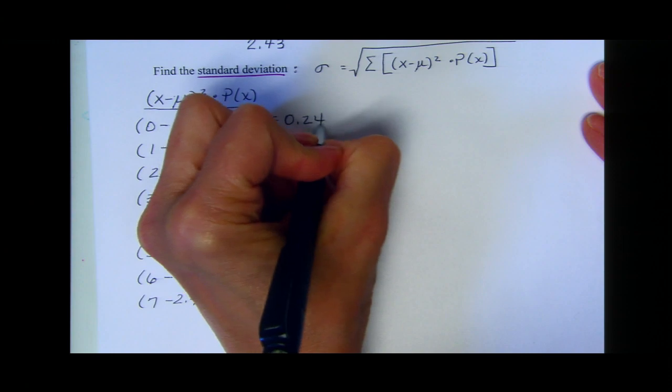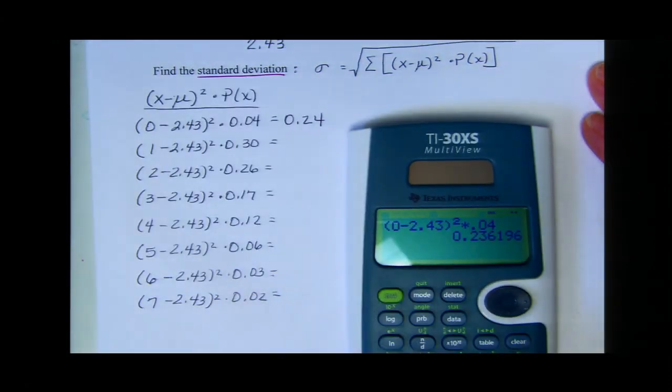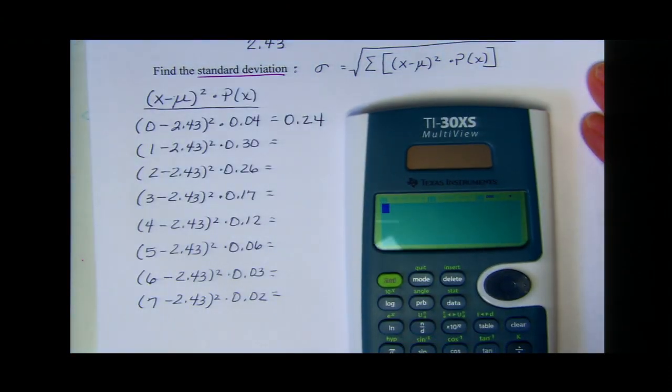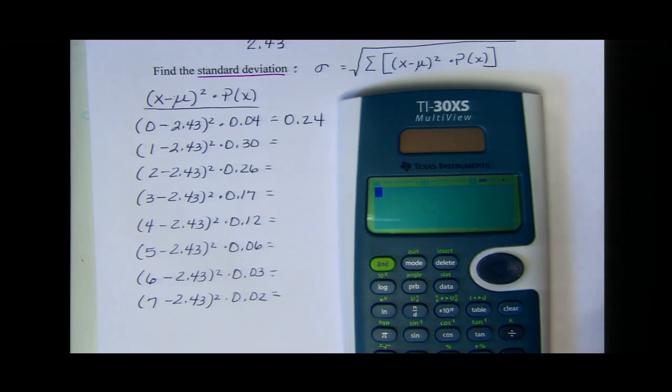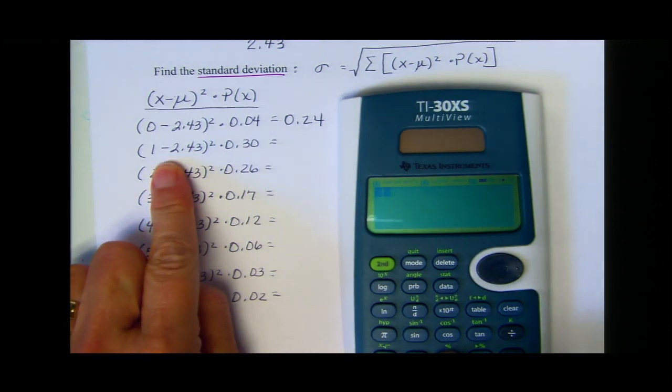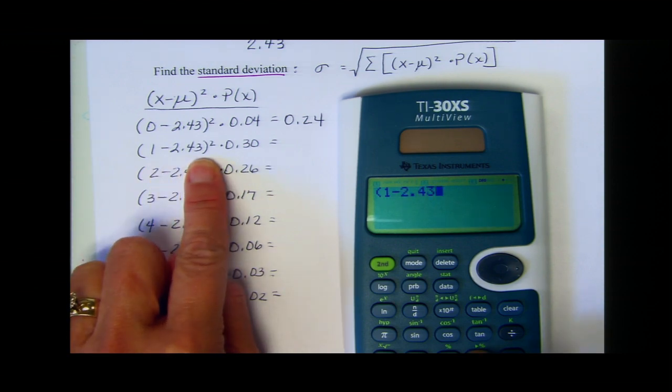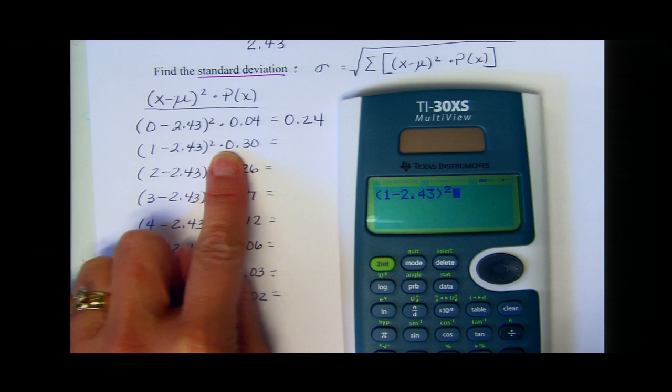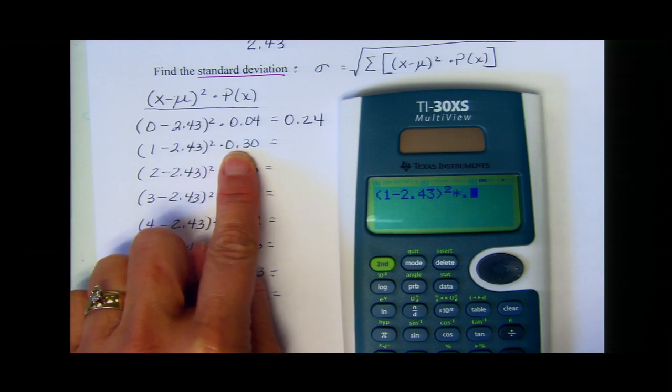All right, I'm going to do one more on the calculator, and then I'm just going to fill in the answers on the rest of them, but be sure you know how to put it into your calculator. So open parentheses, 1 minus 2.43, close parentheses, squared, times 0.30, equals, and that would be 0.61.